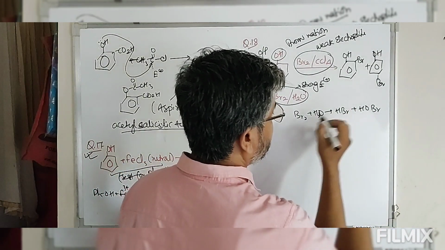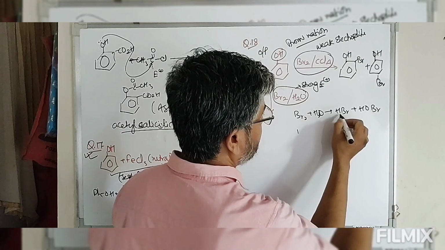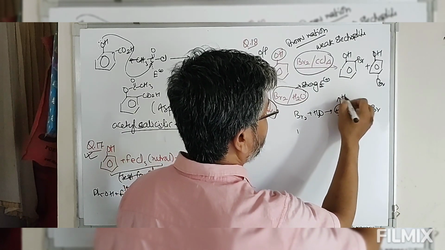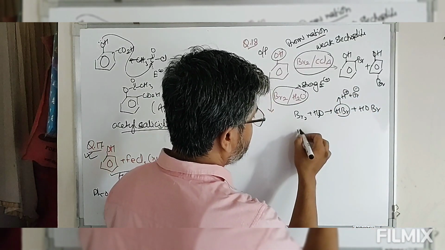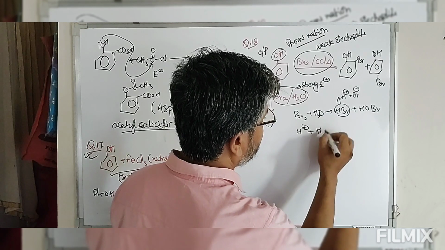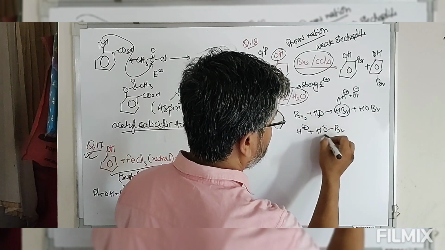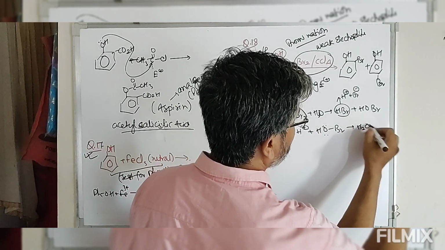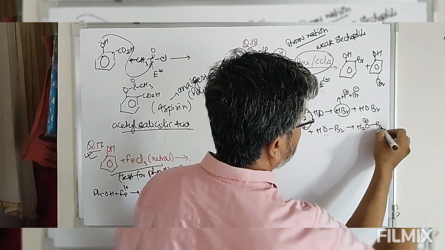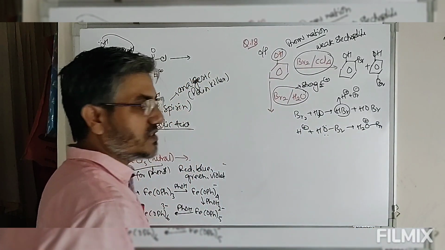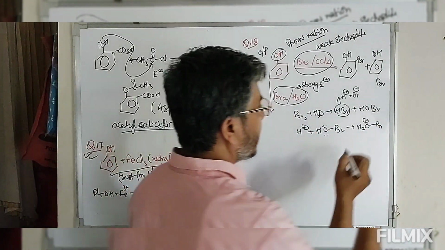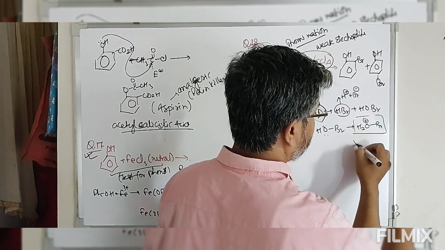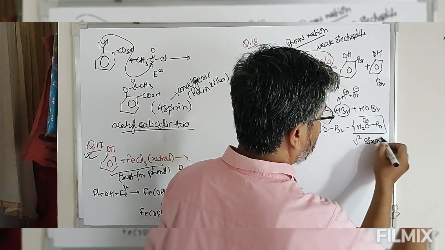Now this HBr is an acid, so HBr gives you H+ and Br minus. This H+ further reacts with HOBr, which gives you H2O+Br. Because of this O positive, this bond is much more strongly polarized, giving you a very strong electrophile.